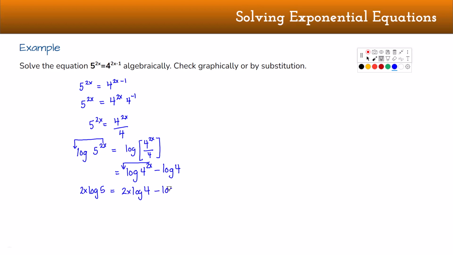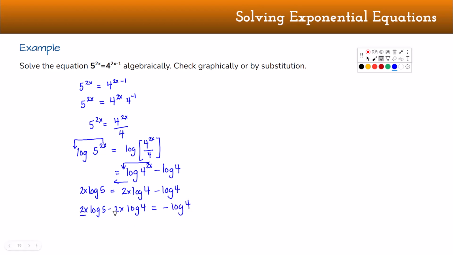minus log 4. Well, now I want to get everything that has x's over there, everything else over here. Well, all I can do is bring this 2x log 4 over. So this is going to give me 2x log 5 minus 2x log 4 equals negative log 4.